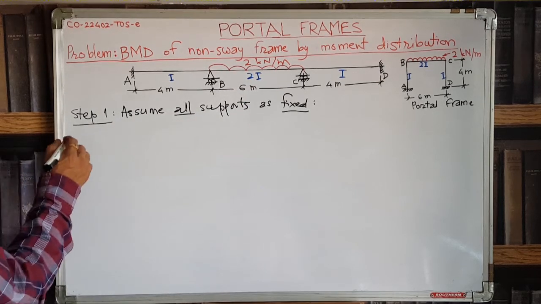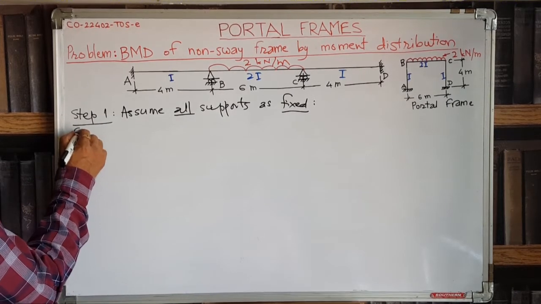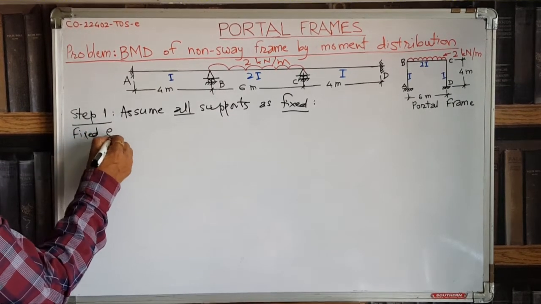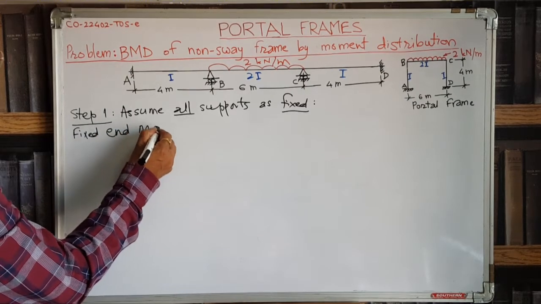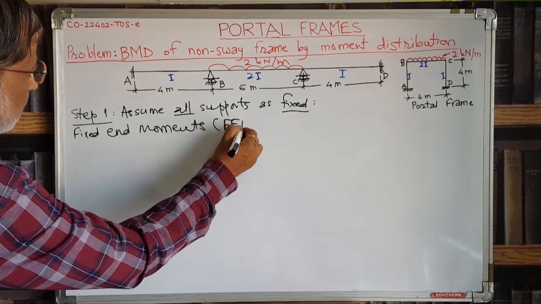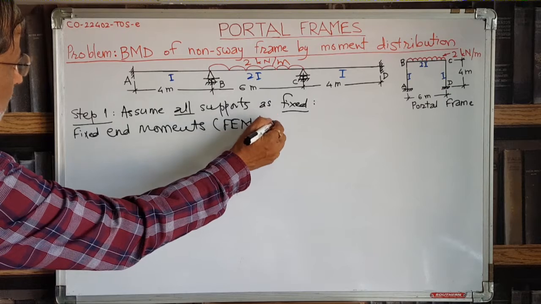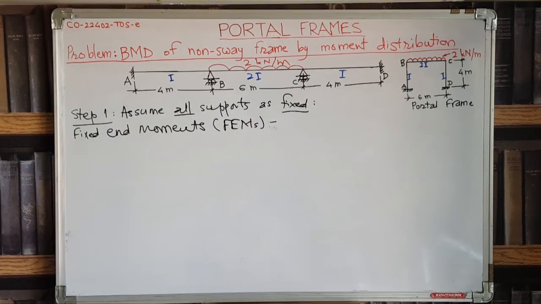So we know that for a fixed beam we will have fixed end moments. So we will calculate the fixed end moments, and in short we call them as FEMs. So in step 1 we will calculate the fixed end moments.